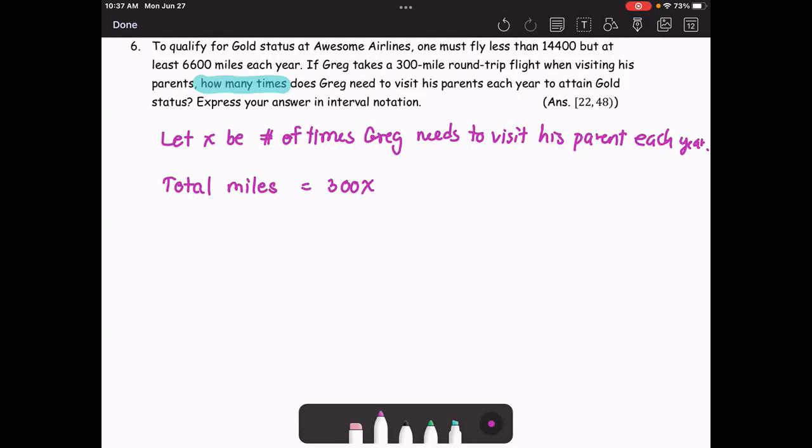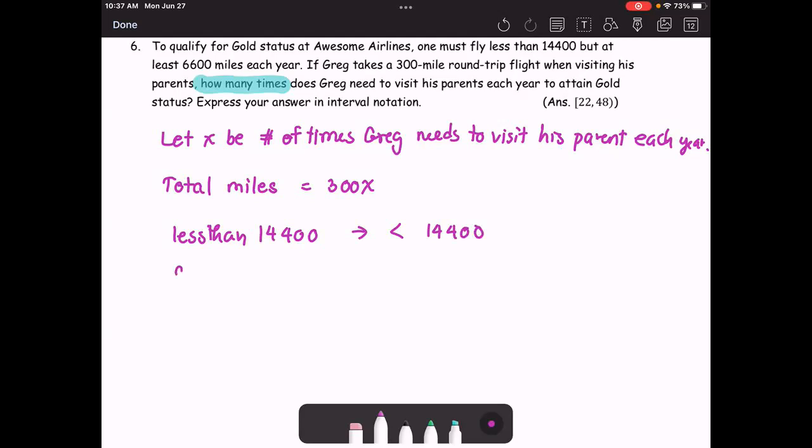The problem indicates that to qualify for gold status at Awesome Airlines, one must fly less than, so we just look at the key term, less than 14,400. That means less than translates into the mathematical notation strictly less than 14,400.